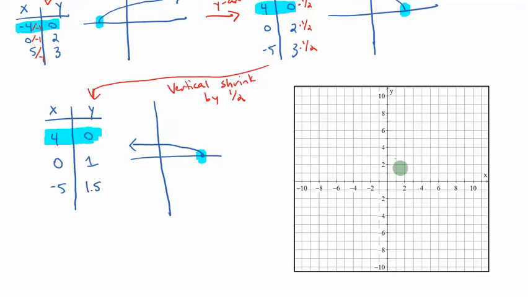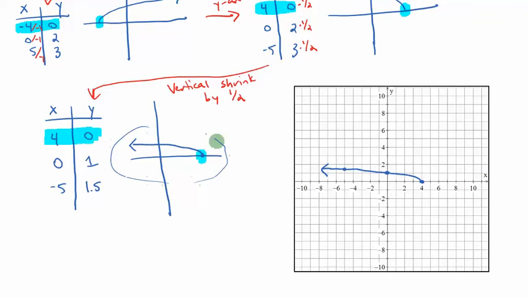So now I've got my new improved coordinate plane, and I'll plot these 3 points with this shape. So 4, 0 is here, 0, 1 is here, and negative 5, 1/2 is here. It's not a straight line, it's a curve, it's a square root function, just really flat, and looks something like this.